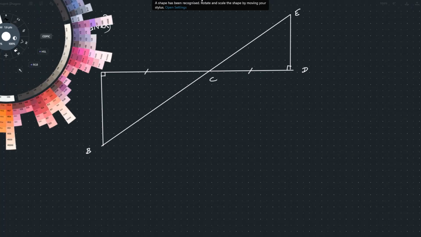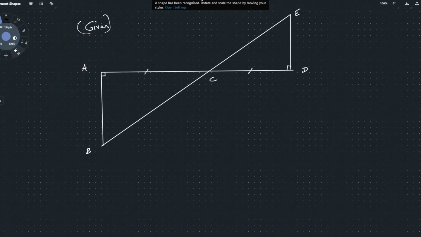So I might say, well, line segment AC is definitely congruent to line segment DC. That was given to me.